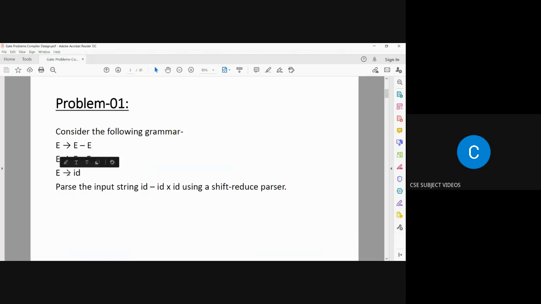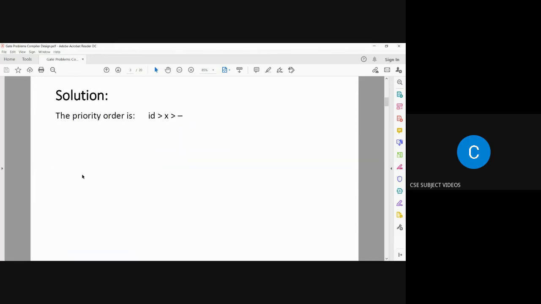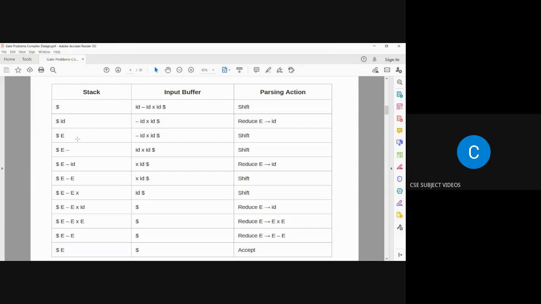So E derives id, so instead of id we can replace it with E. So coming to the next step, id is replaced by E. So we are reducing id by E, according to the production E tends to id. Okay, after that, there are no productions to reduce the E further.